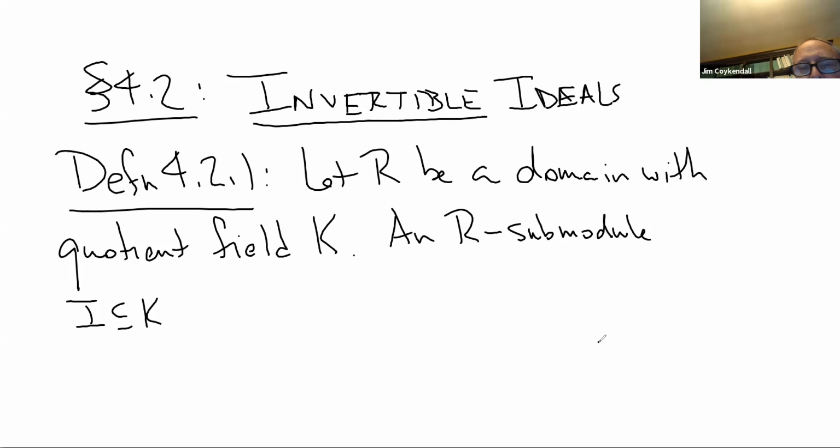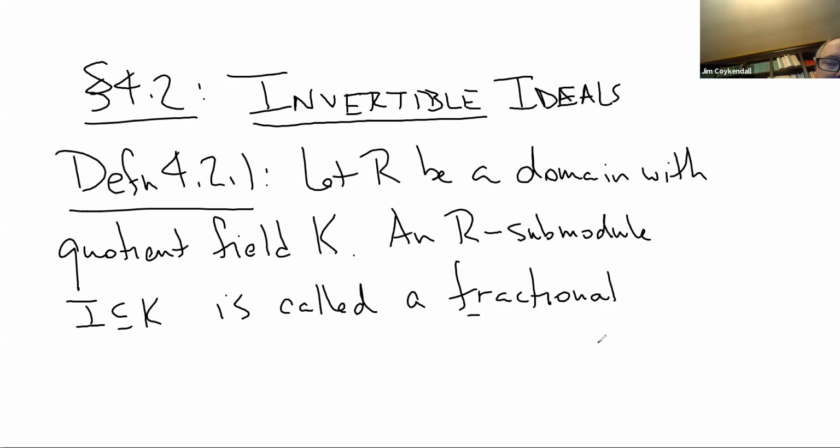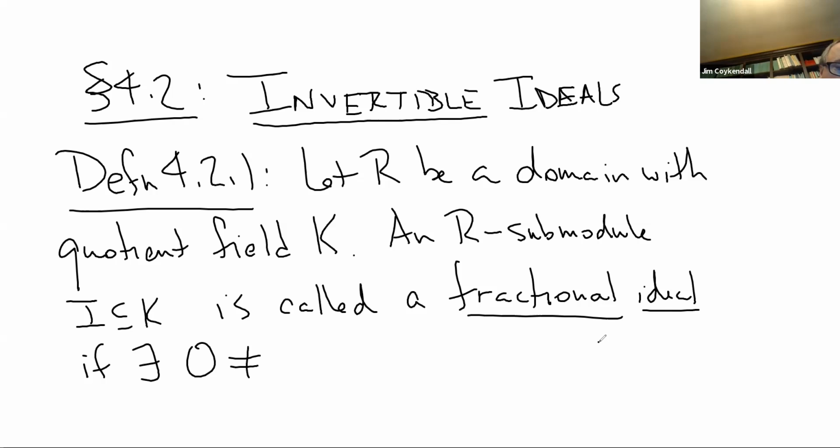I may not be closed under multiplication, but it's closed under scalar multiplication from R. It is called, I've got to tell you what this is first, a fractional ideal if there exists a non-zero a in R such that aI is contained in R.